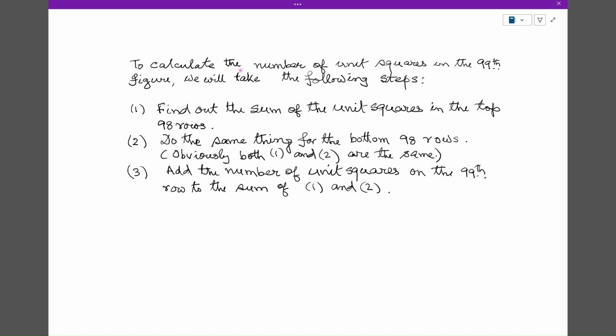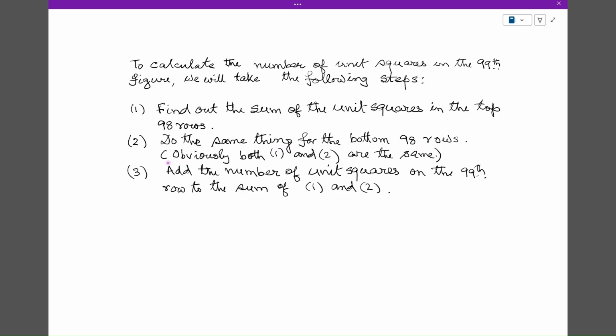To calculate the number of unit squares in the 99th figure, we will take the following steps. Step number 1 is, we'll find out the sum of the unit squares in the top 98 rows. Then we'll do the same thing for the bottom 98 rows.